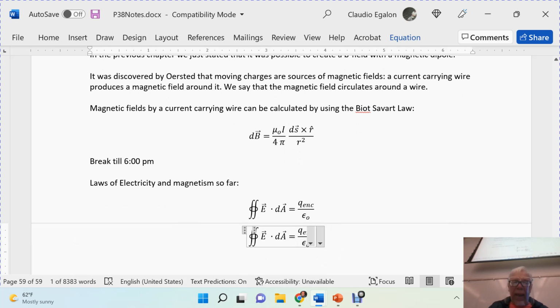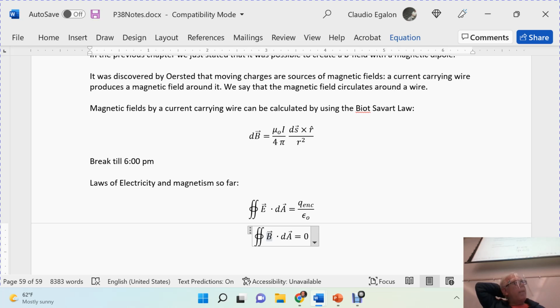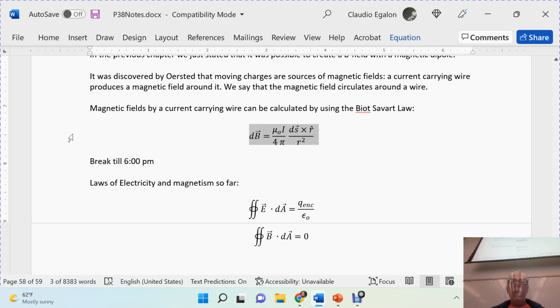Then we also have the law that states that we do not have any magnetic monopole. Both of them are surface integrals. And now we have this law here, Biot-Savart law, that can be here written in integral form.